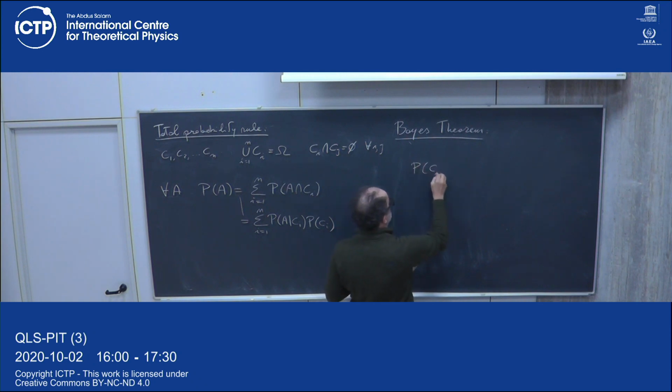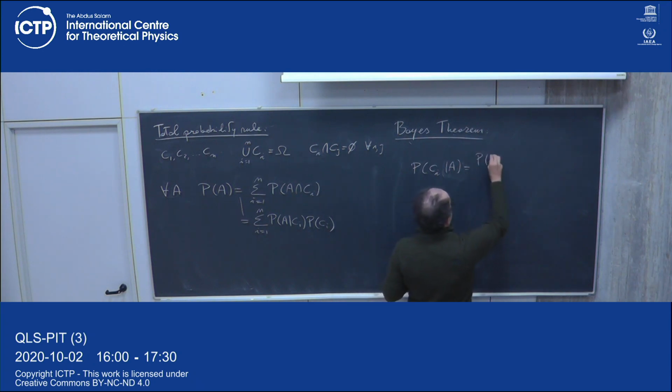If you want to compute the probability of Ci given A, then this is just the probability of A and Ci divided by the probability of A. But now I can write the probability of A and Ci as the probability of A given Ci times the probability of Ci, and the probability of A, I can write it using the total probability rule.